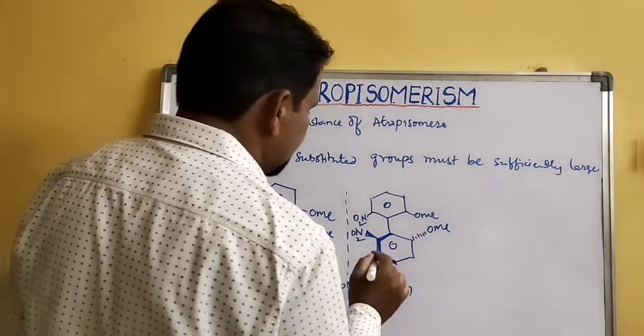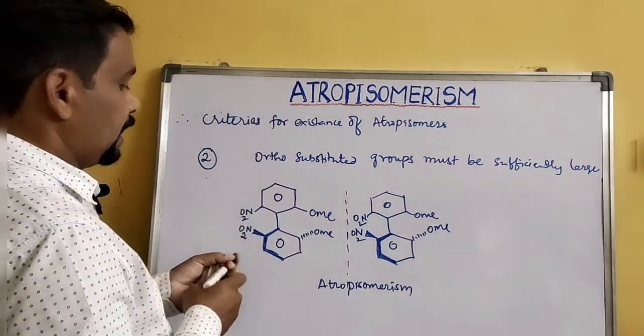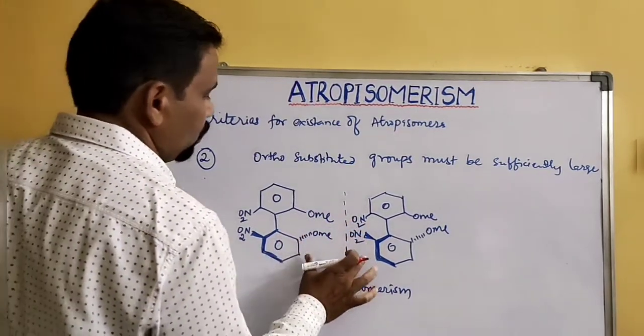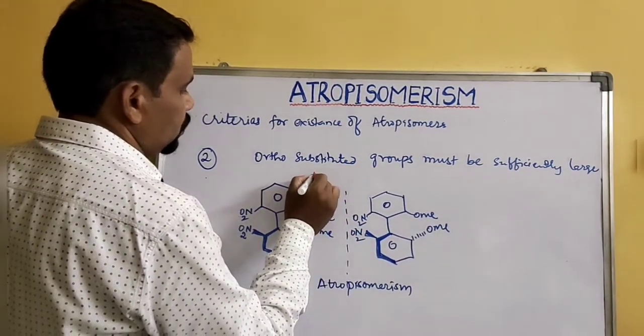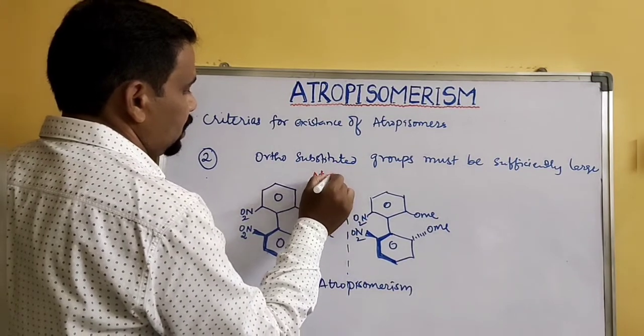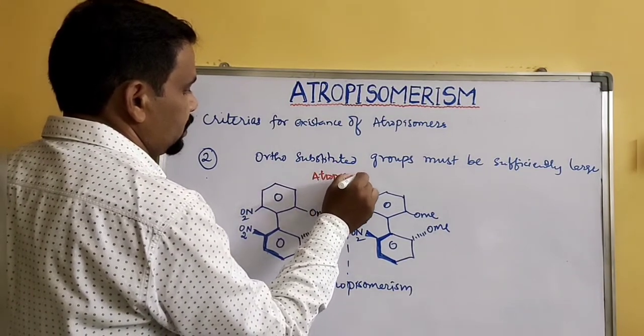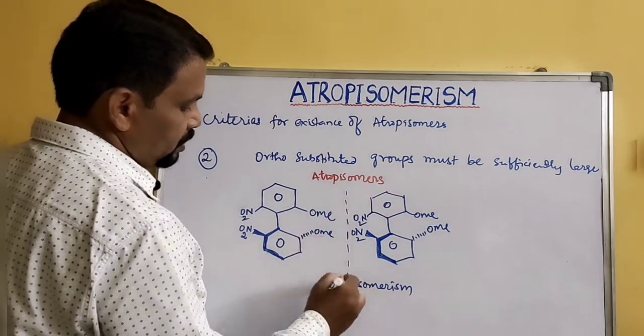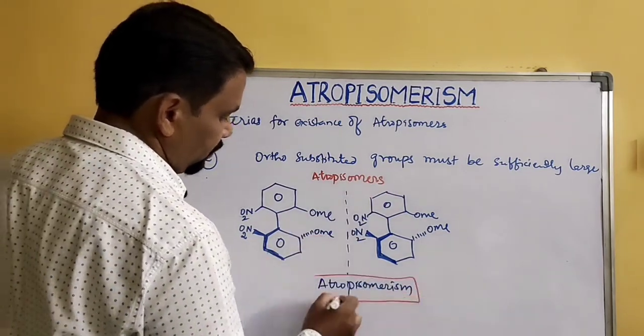So they can exist as heteroisomers. These two isomers are called heteroisomers, and this phenomenon is called heteroisomerism.